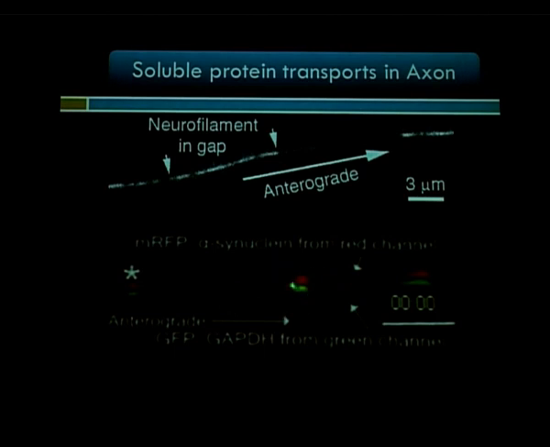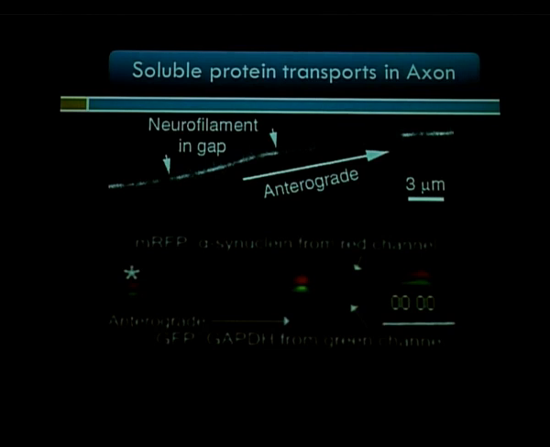Or in case of the other soluble proteins such as synapsin, synuclein and glutamine synthetase, they form these little aggregates which slowly move along the axon. So therefore the choline acetyltransferase movement is quite distinct and different from the other soluble cargo that move in the axon.